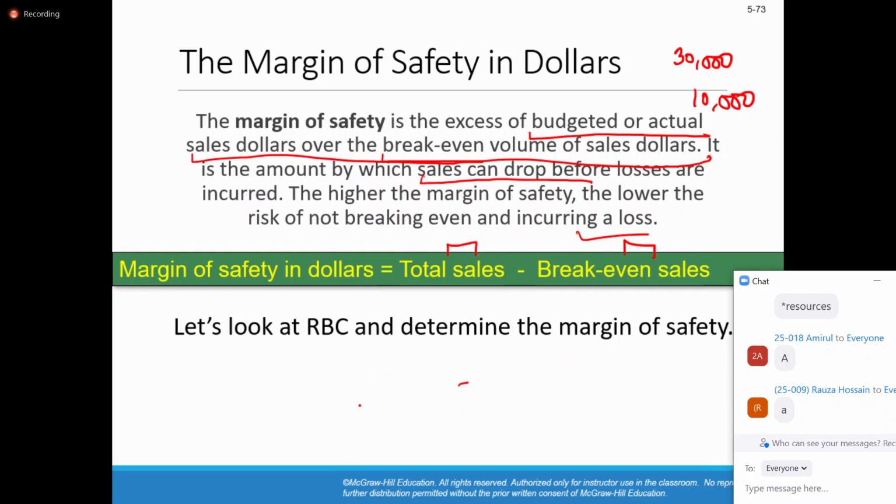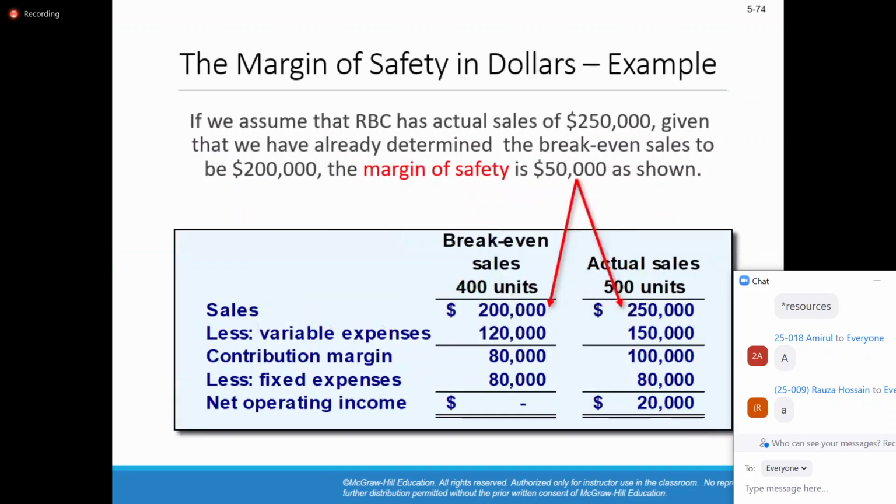So let's try to apply the concept to the RBC bike company, the bicycle company. Let's look at RBC and determine their margin of safety. RBC has actual sales of 250,000, and we have already learned that their break-even sales is 200,000.